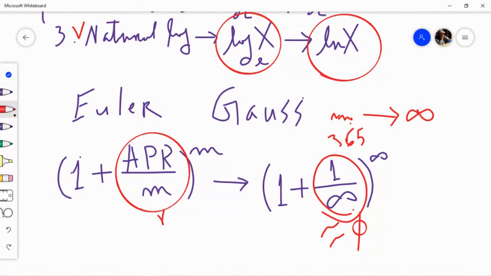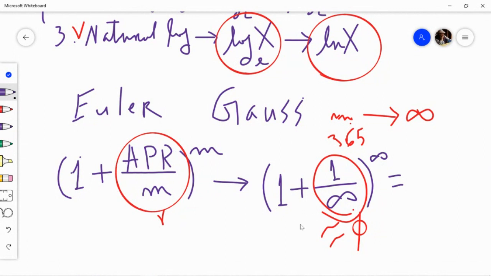Now, suppose you're raising such a number to infinity. What's it going to be? Wouldn't it still be very large? No, it's not going to be a very large number.